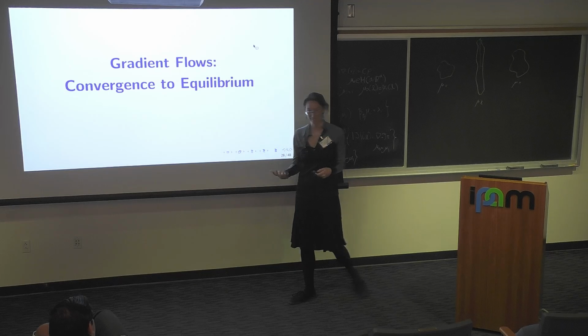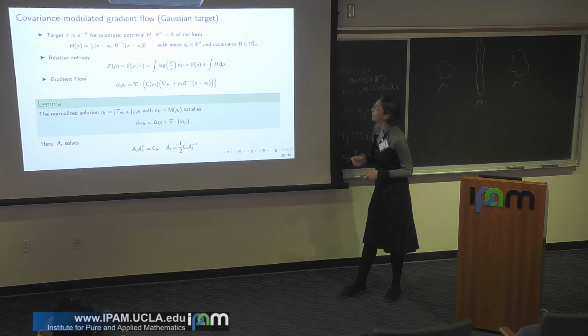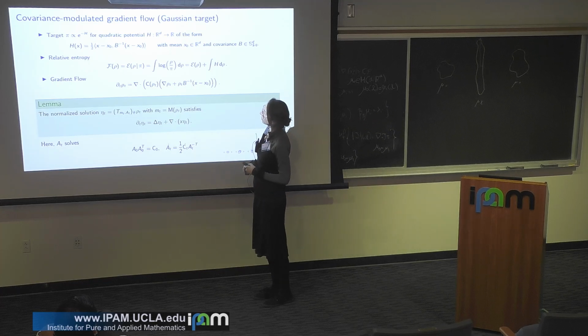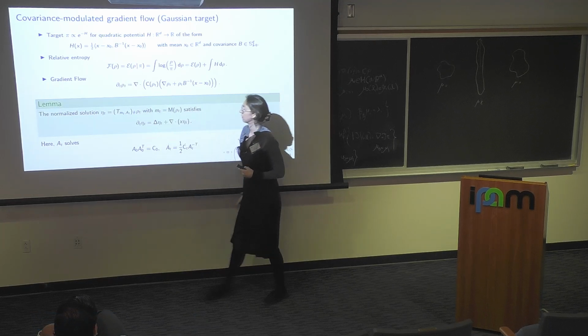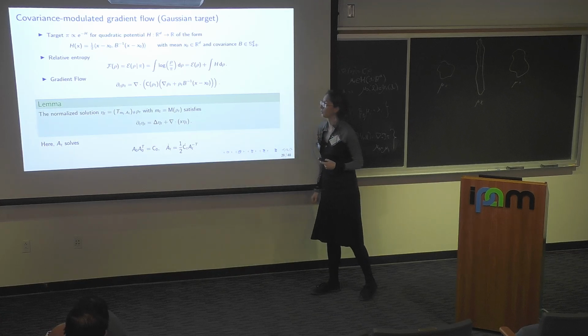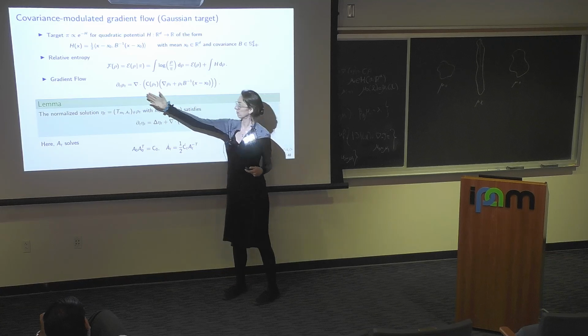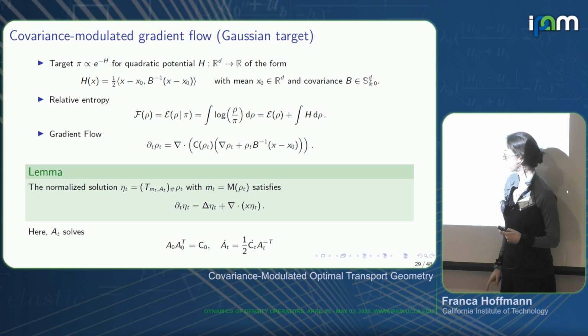Now, convergence properties. That's sort of the whole point of why we're interested in this. Let me go again to the Gaussian case. There's something really nice that happens if your target is Gaussian. Let's look at the KL divergence. Then we can write down explicitly the gradient flow, where the target shows up here with the B inverse.